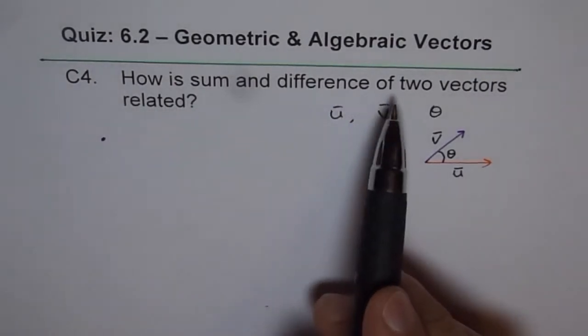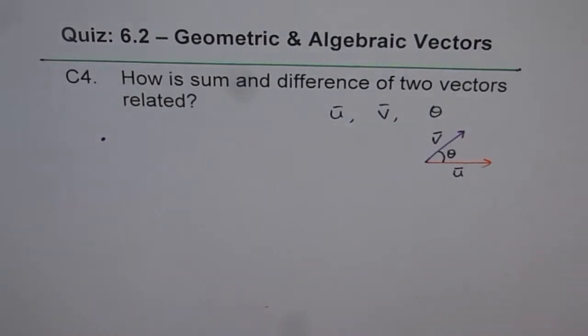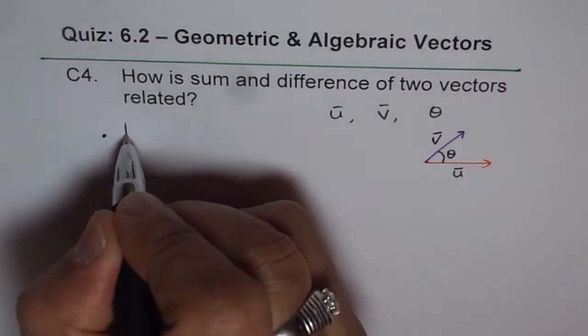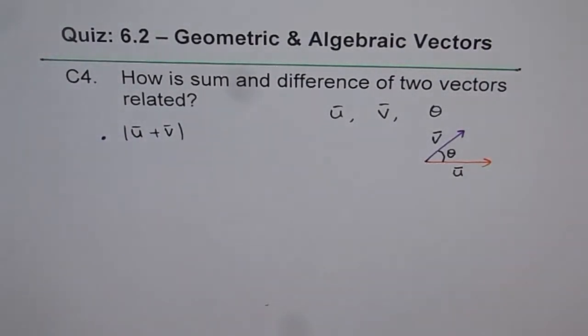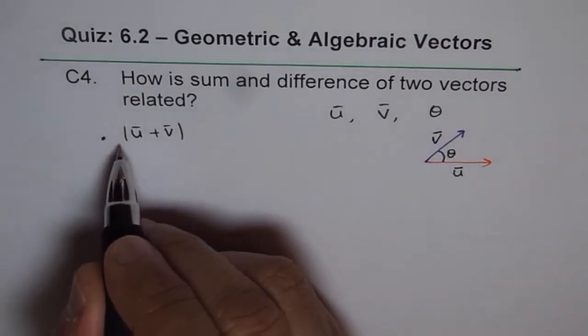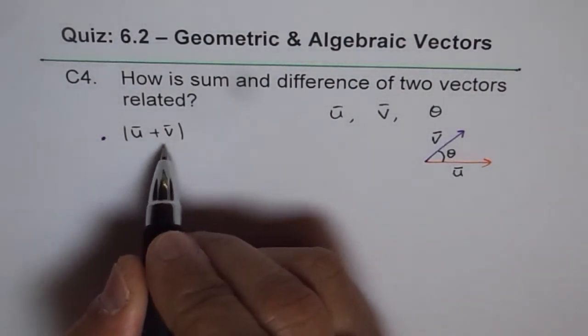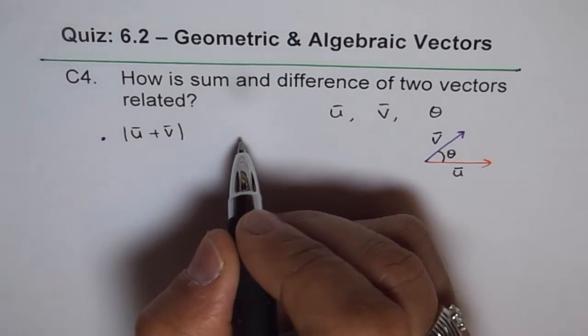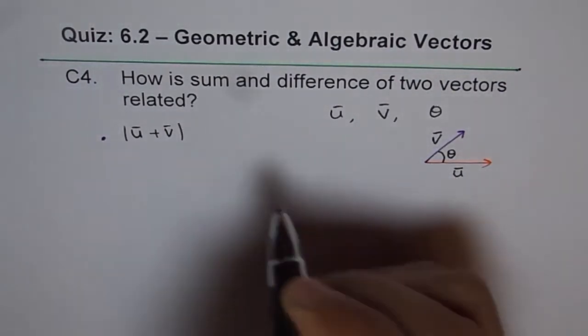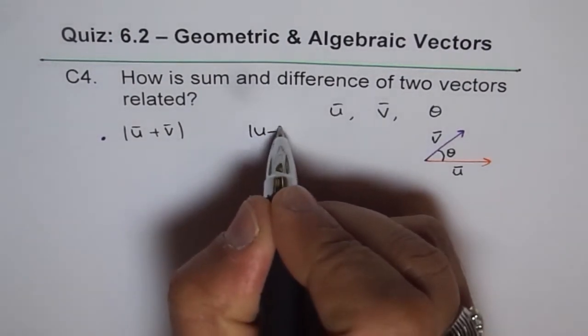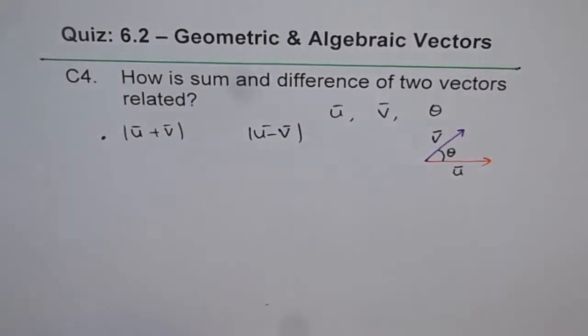How is sum and difference of two vectors related? Let us say the sum is u plus v. We are talking about magnitude at this time. u plus v represents the magnitude of the sum of two vectors, and when we are comparing, it is always the magnitude being compared, and that's the difference between the two vectors.